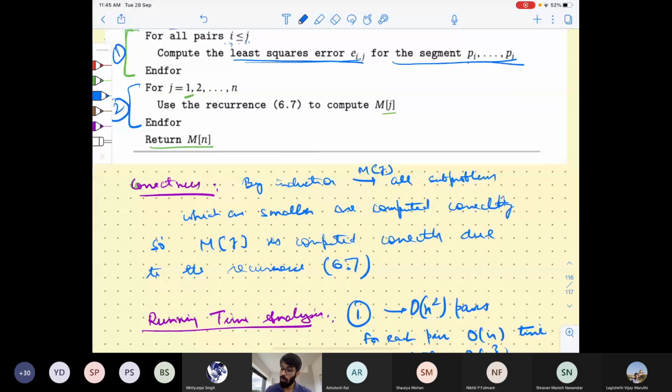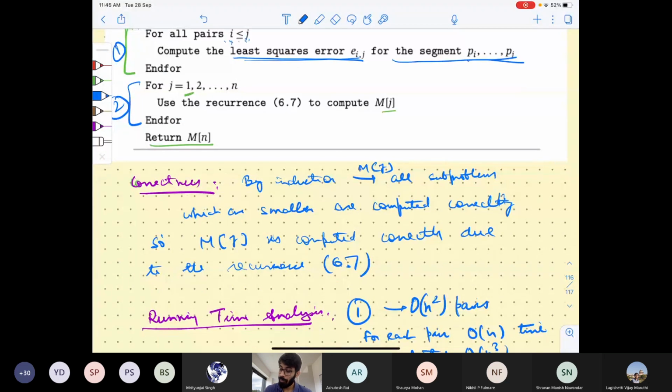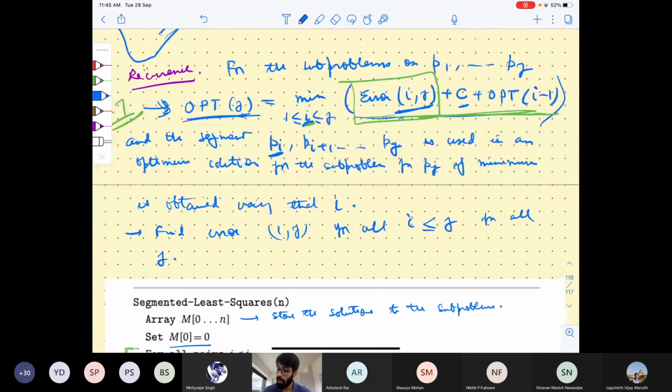And for step 2, what are we doing? For j equal to 1 to n, use the recurrence to compute mj. And what is the recurrence doing? The recurrence is going over all i less than or equal to j, right? And for each such i, it is taking constant time to compute this, because error is already computed for every pair. Opt of i minus 1 is already computed, so you just go and look that up in the M array.